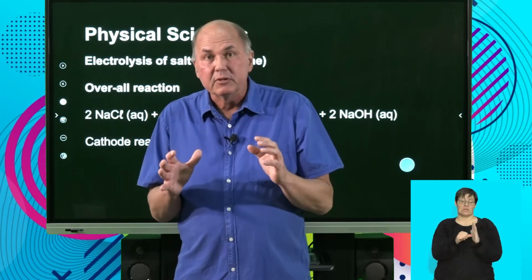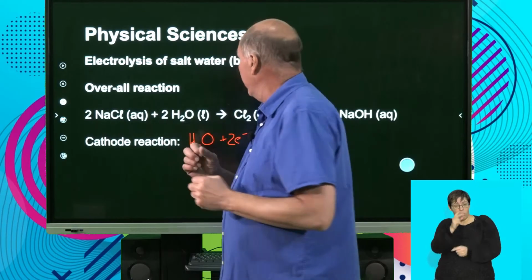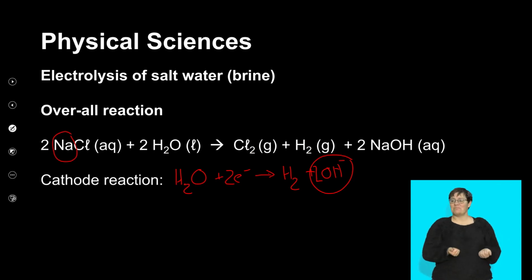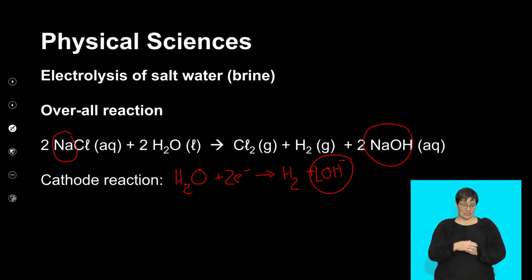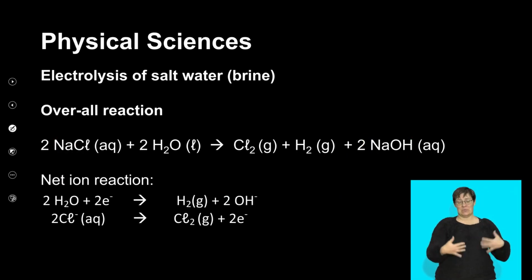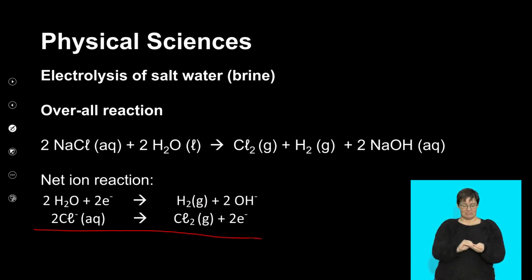It's very important. And so overall, what I want you to see as well, this hydroxide is going to be able to link up with that sodium to give us the sodium hydroxide as the other product of the reaction. So that's incredibly important. And so you can see the overall net reactions are given over here. We can add these 2 together to get the net ion reactions or ionic reactions.